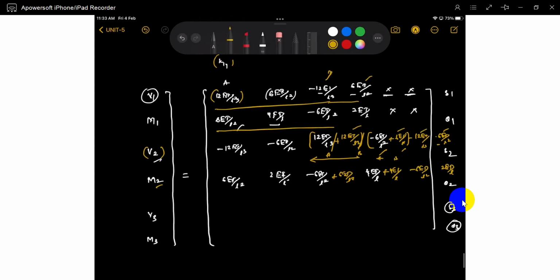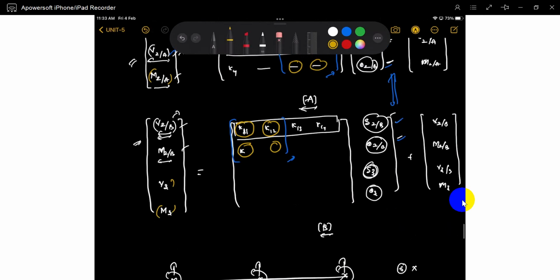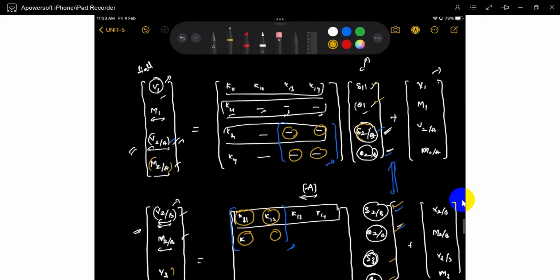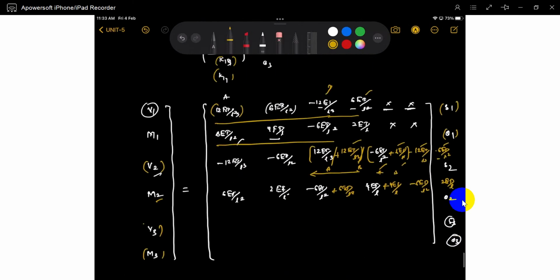So next, V3 and M3. V3 and M3 have no effect on delta 1, theta 1. They have an effect only on delta 2, theta 2, delta 3, theta 3. There is no effect on delta 1, theta 1. So that's why it will come like 0, 0, 0, 0.